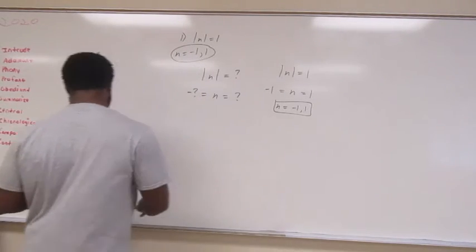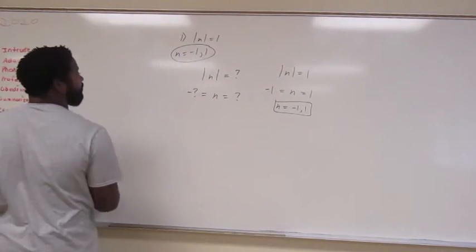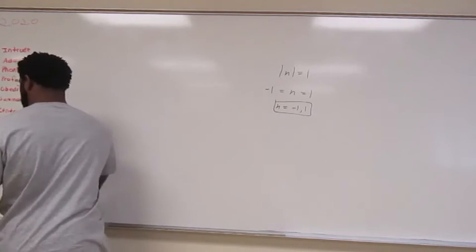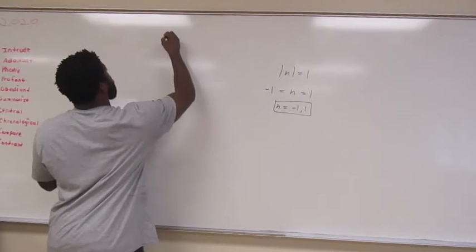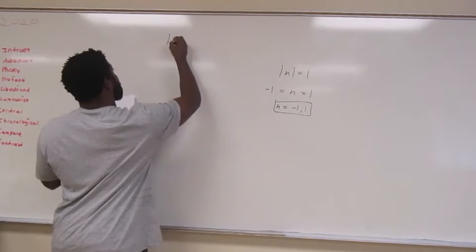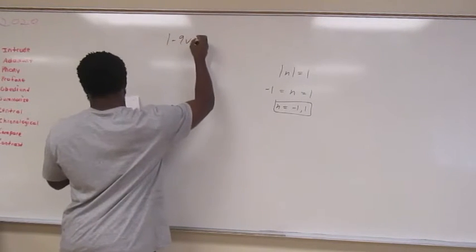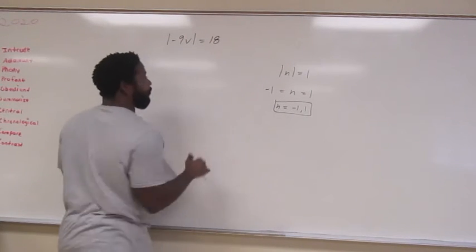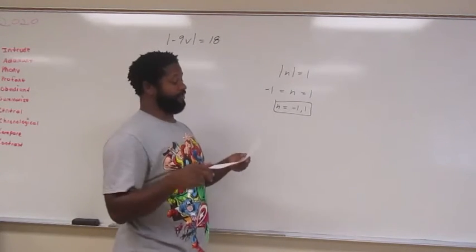Let's look at number 3, shall we? You have the absolute value of negative 9v is equal to 18. Remember what I said? You're going to be using this for all of these.